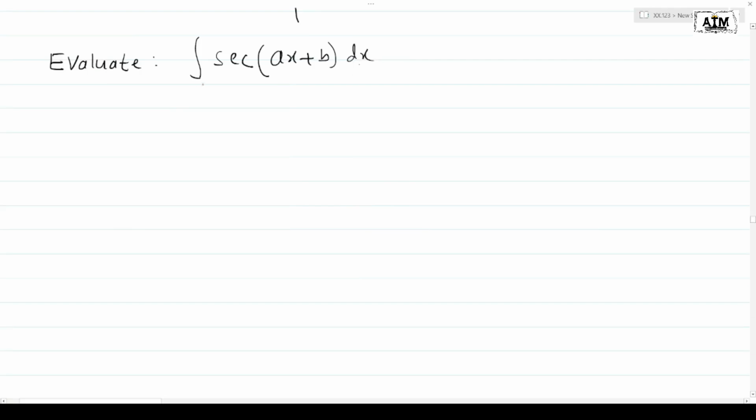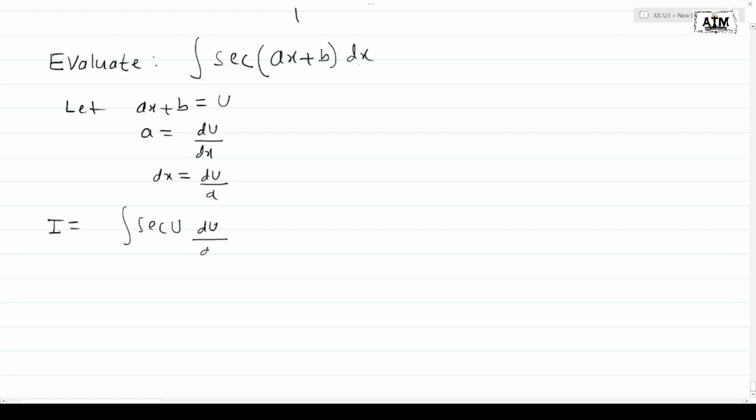Next one: if it is ax plus b given, then how to find integration of sec of ax plus b with respect to x? The procedure remains the same. Let ax plus b equal u, then a equals du by dx, then dx equals du upon a. Therefore, I equals integration of sec u du upon a, 1 upon a outside, integration of sec u with respect to u.